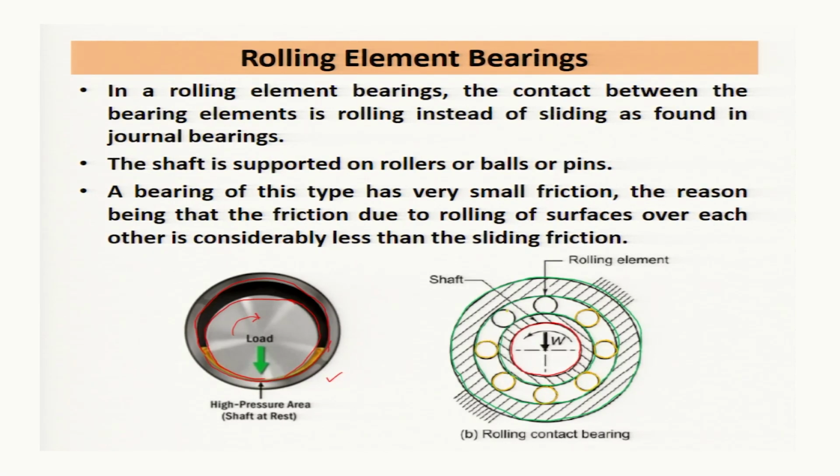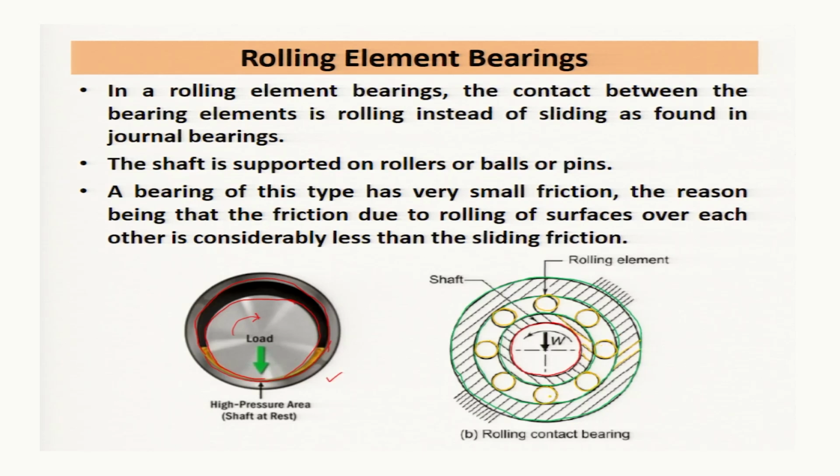So this red colored is the shaft and the green colored and the hatched area is the inner and outer race. This is the outer race, this is the inner race, in between them is the roller.